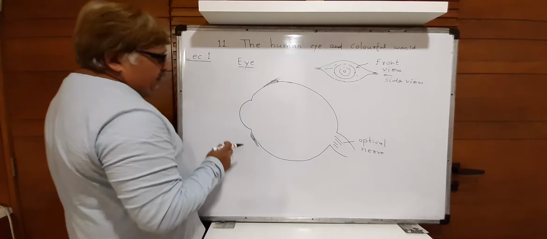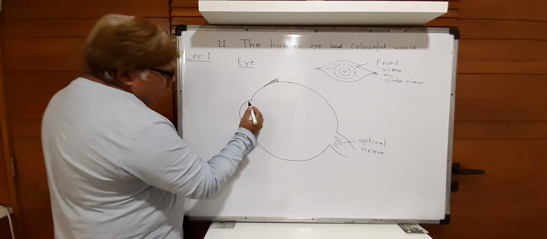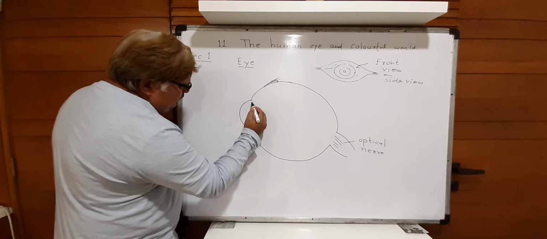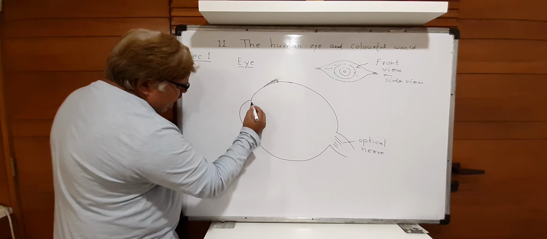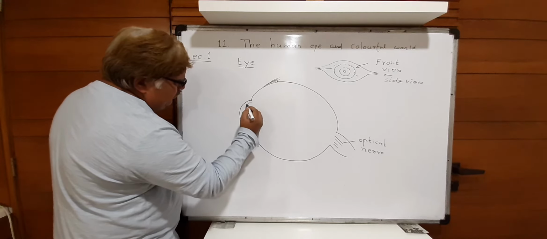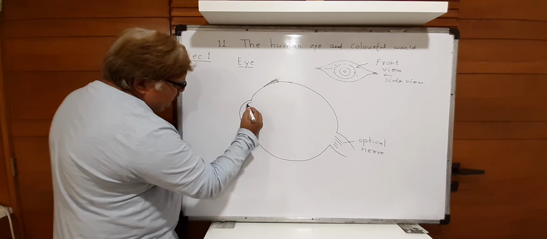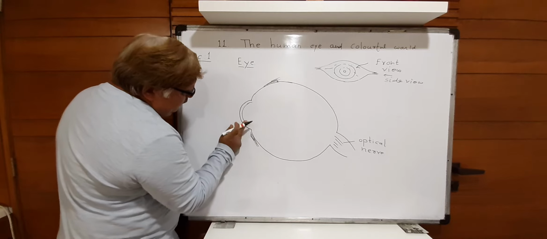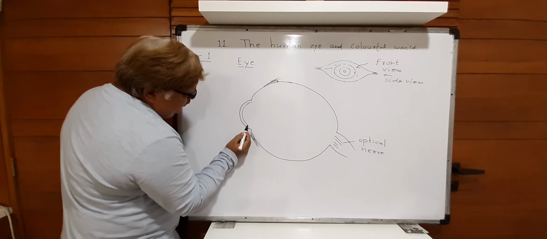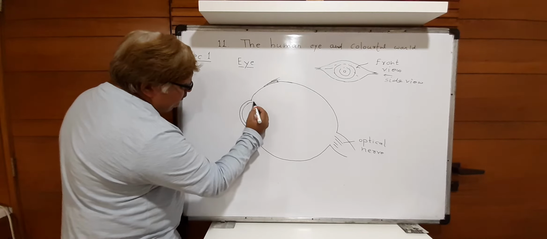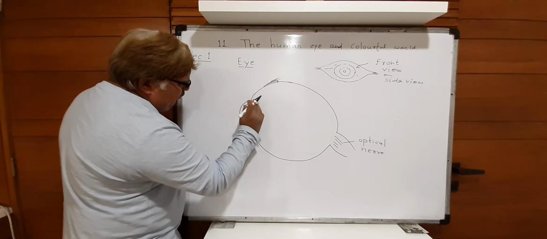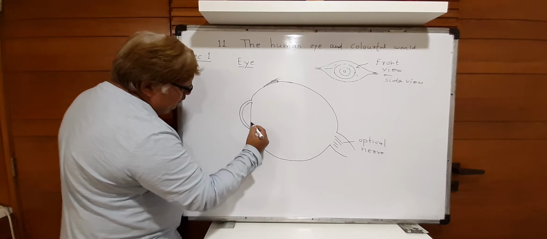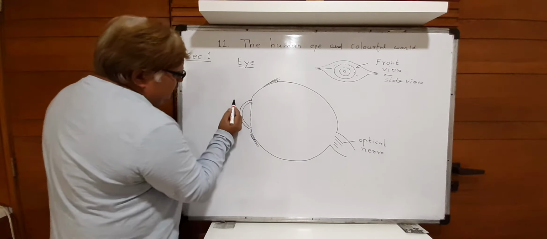These are optical nerves, as you all know. And here, just draw like this. It is actually aqueous humor. Try to draw a perfect circle. It is aqueous humor, which is present in our eye.